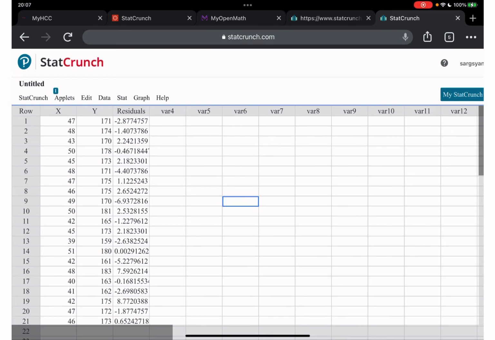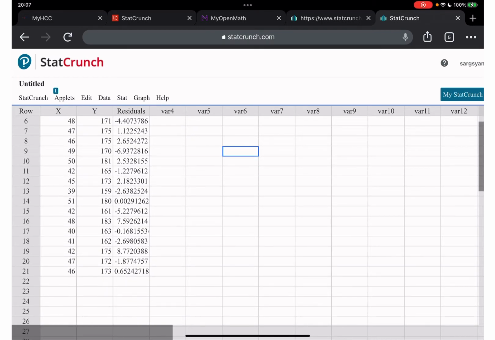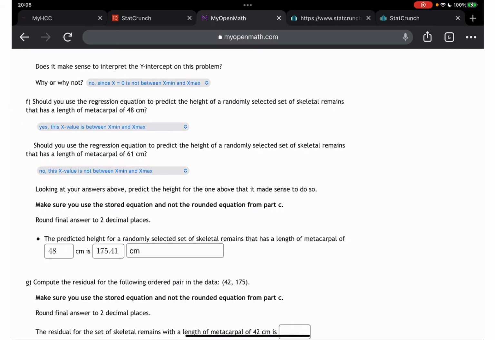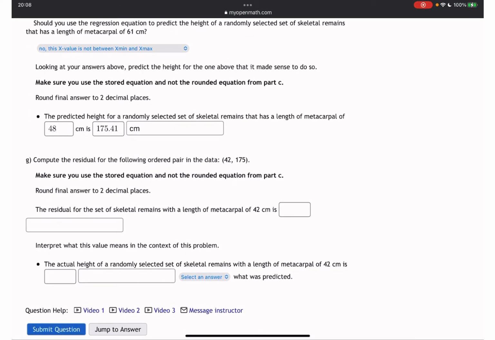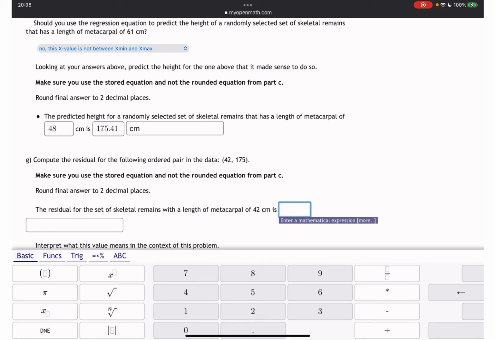I got here the residual, and for 42, 175, which is at row 19, my answer is going to be 8.77. So we are going back and writing down that for 42, 175, it's going to be 8.77 centimeters.